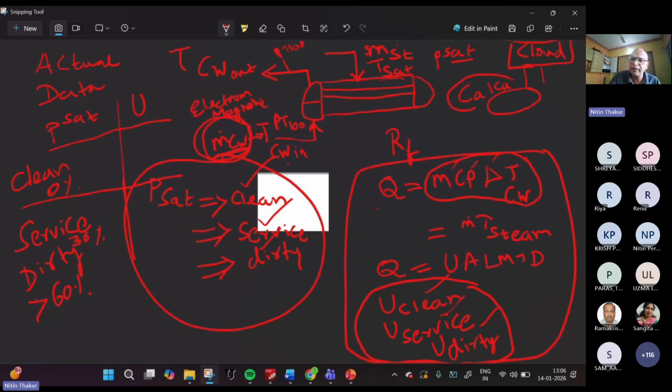Those calculations are defined by us as chemical engineers. You have to tell the IT guy that okay, you have collected the data, so let me clean this up a little bit.